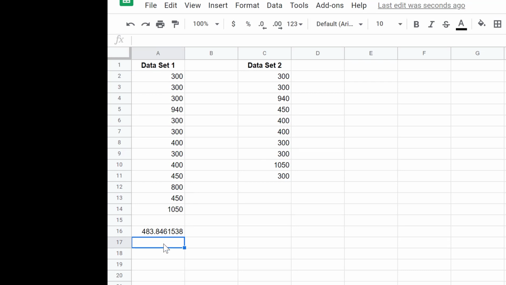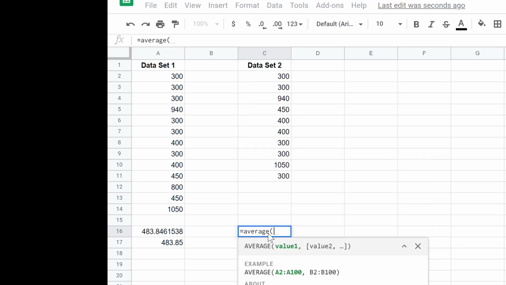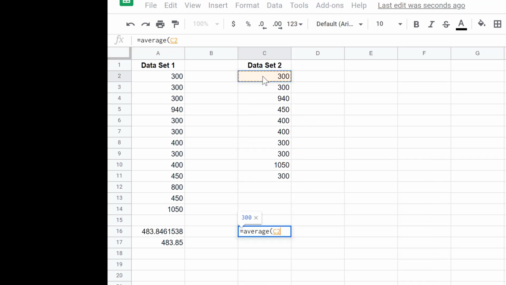Well, since we're talking about money, we want to round that. So that's going to be 483.85. We'll do the same thing for the second set. So we're going to do equals, average, highlight the values, hit enter, and we get 474.